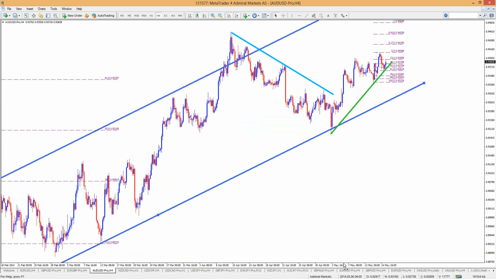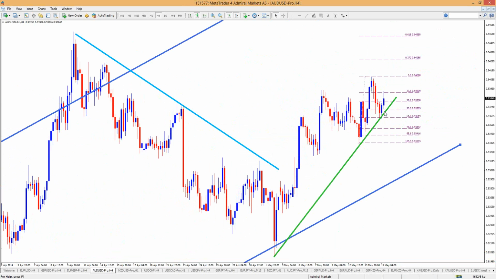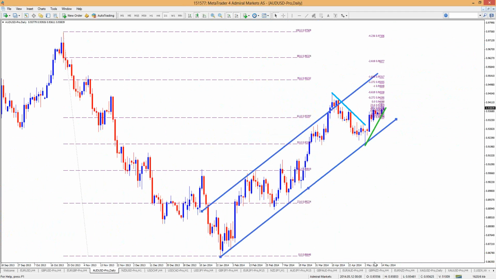If we take a look at the 4-hour chart, we see bullish candles here, another bullish candle potentially right now. Daily chart.